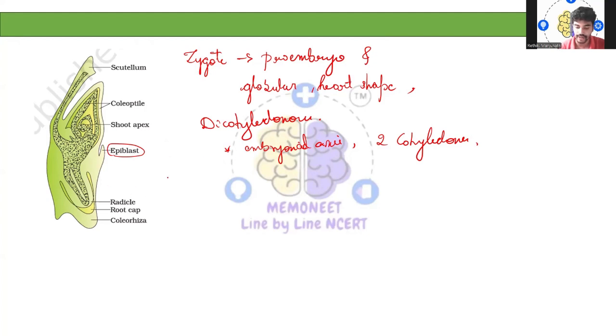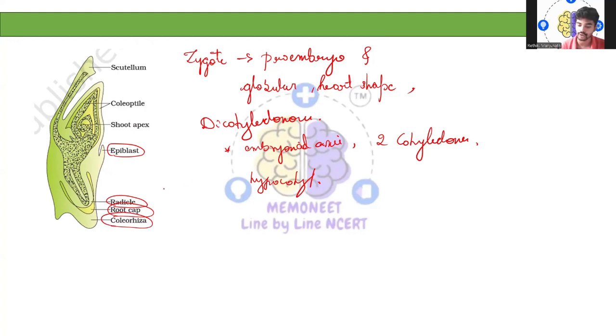Then what else you have? The hypocotyl region will be seen, which is the terminal region. Subsequently, you will see the radicle, the root tip part, and the coleorhiza part in the posterior way.